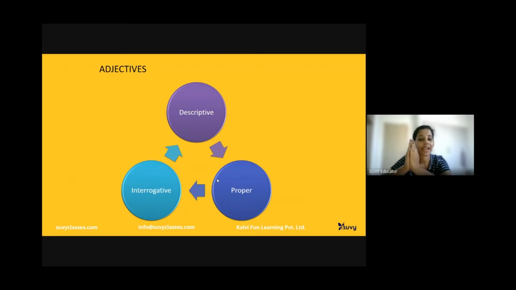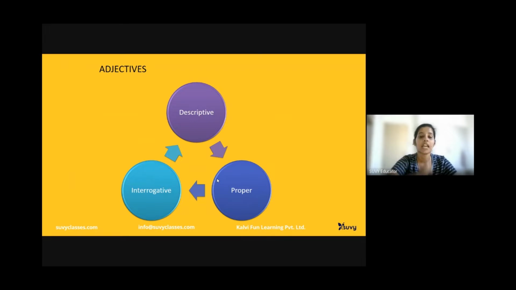Now, when you are describing that noun or qualifying it or explaining what it is, the word that describes the noun is called the adjective. So if I'm saying I have a red bag, the word red is the adjective here.